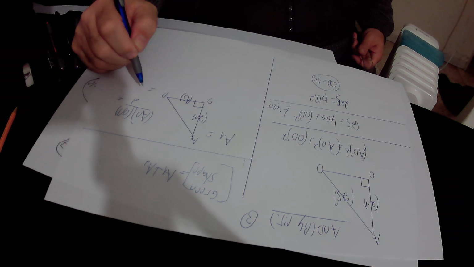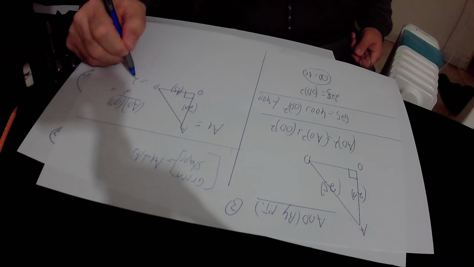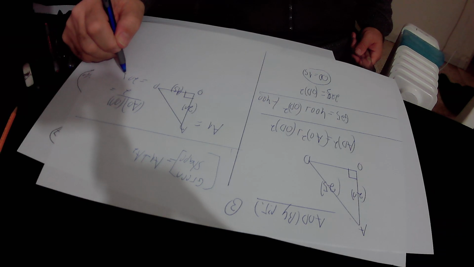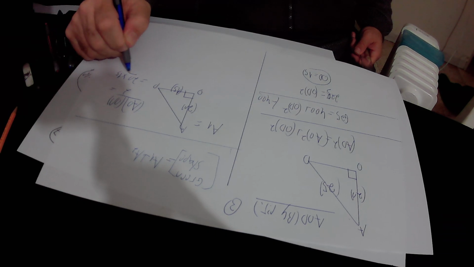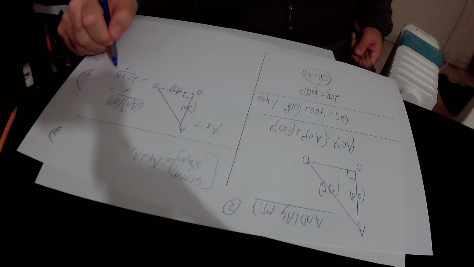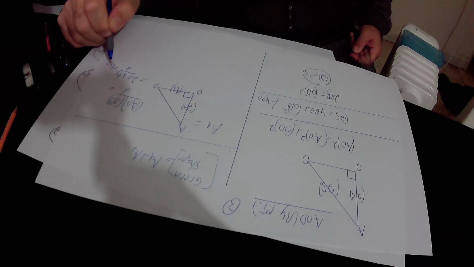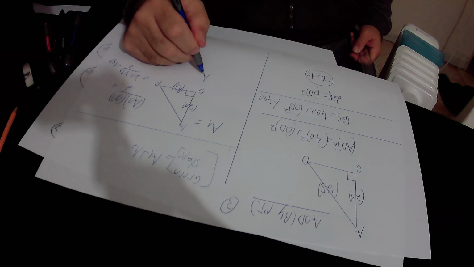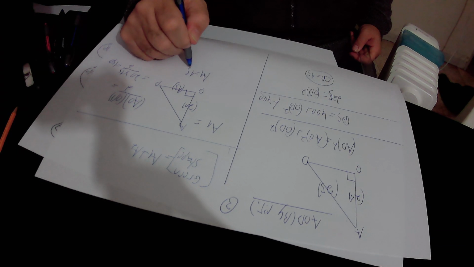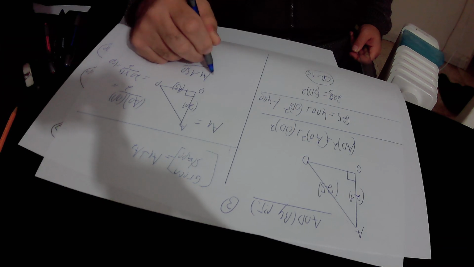That is to say, it will equal AO, that is 20, times OD, that is 15, over 2. 20 times 15 is 300, and 300 over 2 is 150. In conclusion, A1 equals 150 square units.